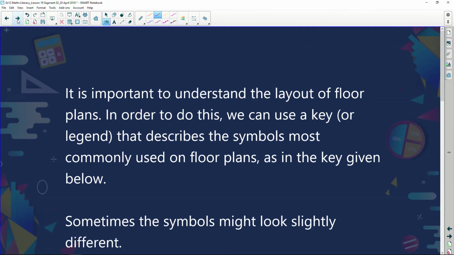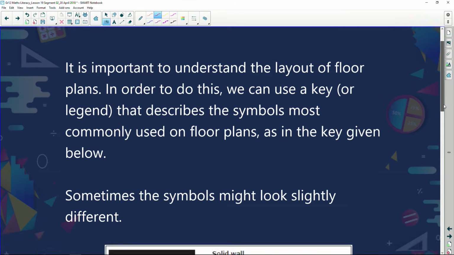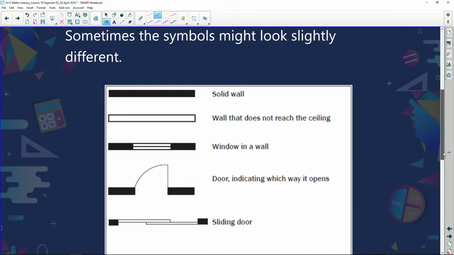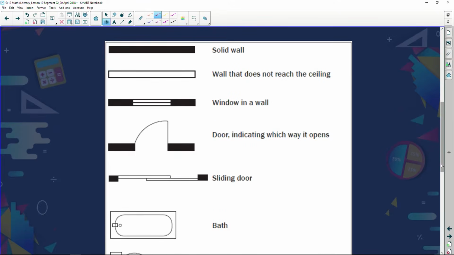Right. Now, it is important to understand the layout of floor plans. In order to do this, we can use a key or legend that describes the symbols most commonly used on floor plans, as in the key given below. Sometimes the symbols might look slightly different, but let's have a look at these symbols. So if I want to show a solid wall, I am going to have a rectangle that's colored in darkly.